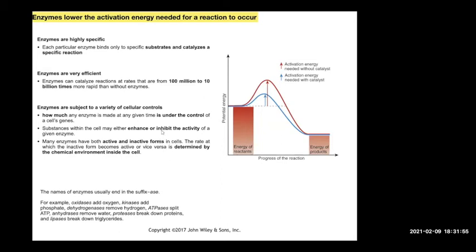So in your stomach, you have enzymes that break down protein. Those don't become active until they're in a very acidic environment, which the stomach is. So different enzymes have different needs, and they'll determine how active they are based on the actual chemical environment.